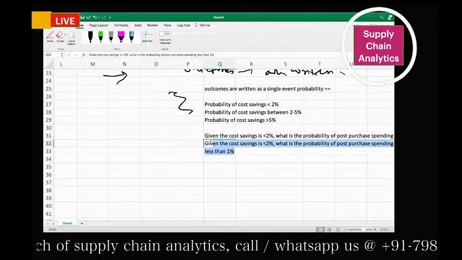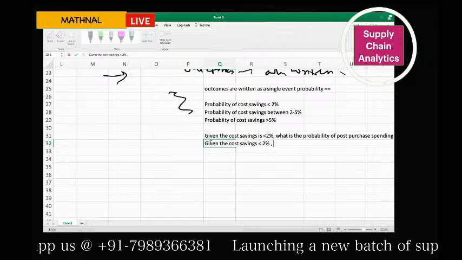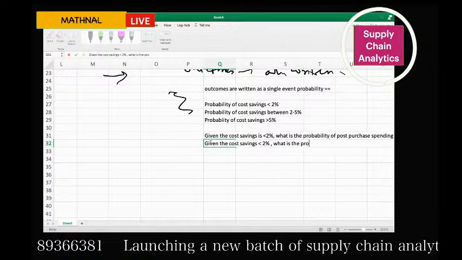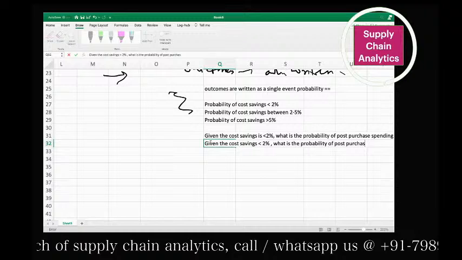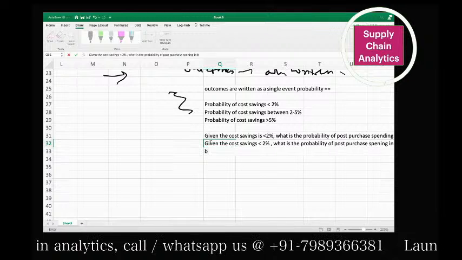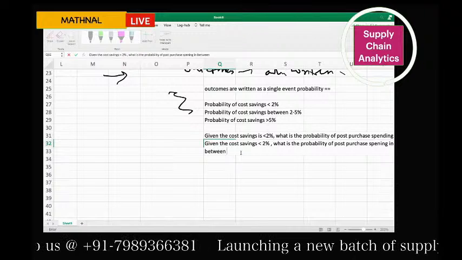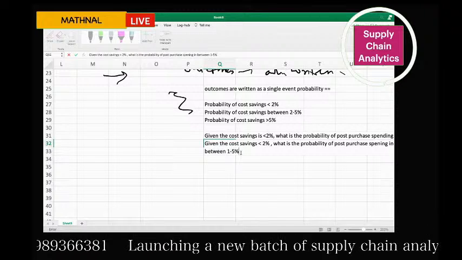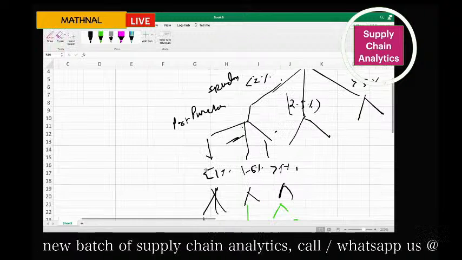Given the cost savings is less than 2%, what is the probability of post purchase spending in between 1 to 5%? So the second branch is all about the conditional probability.